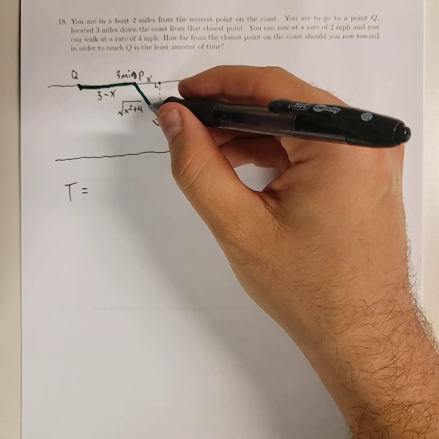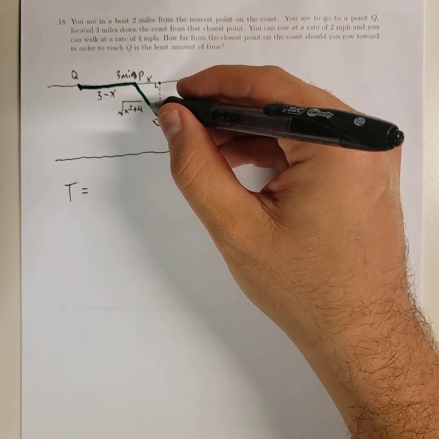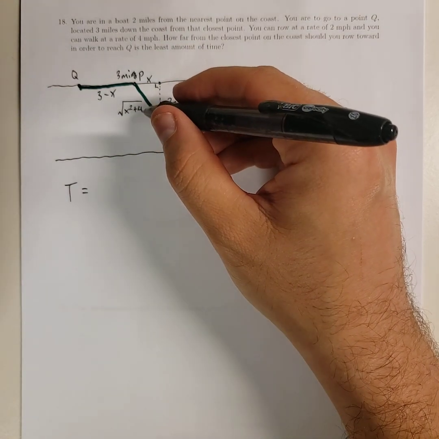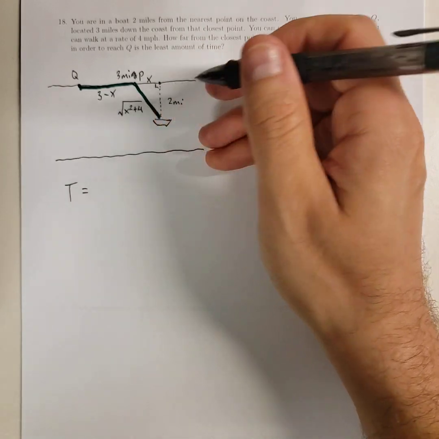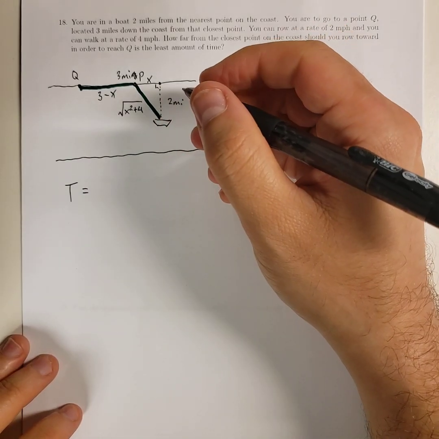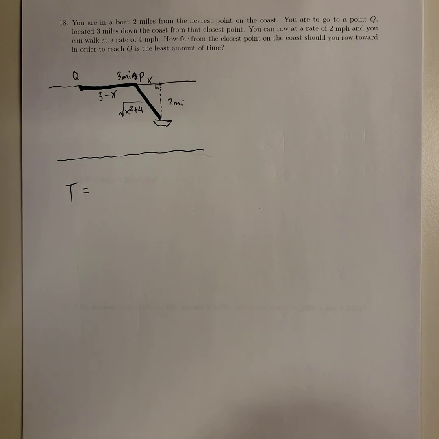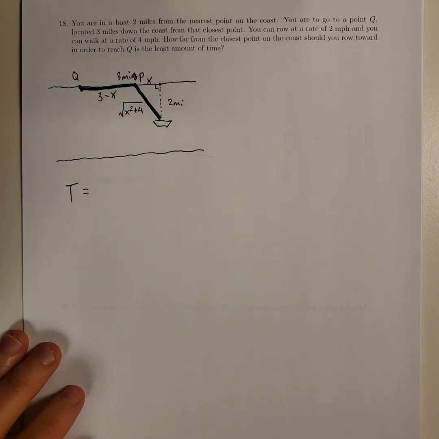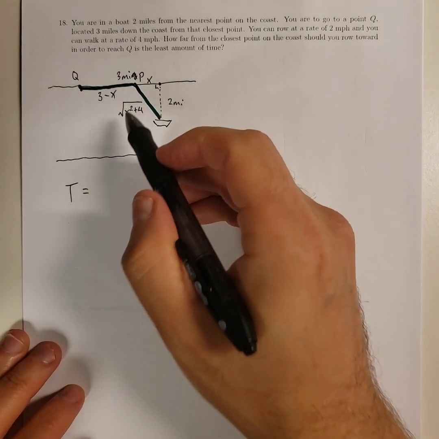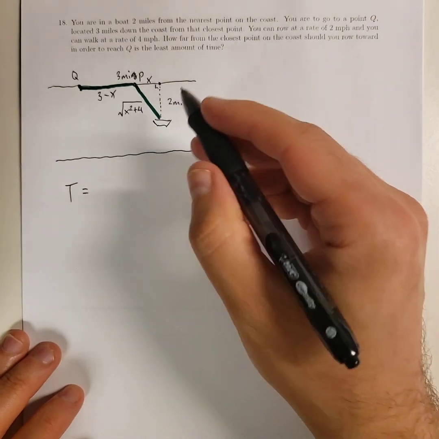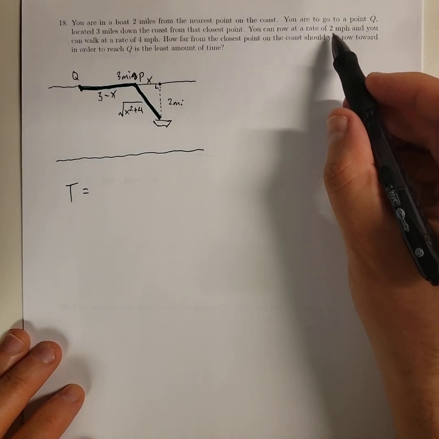How do we find time? We have to take the distance and divide it by how fast we're going. That'll give us how much time. So we take each one of these distances and divide by the speed.